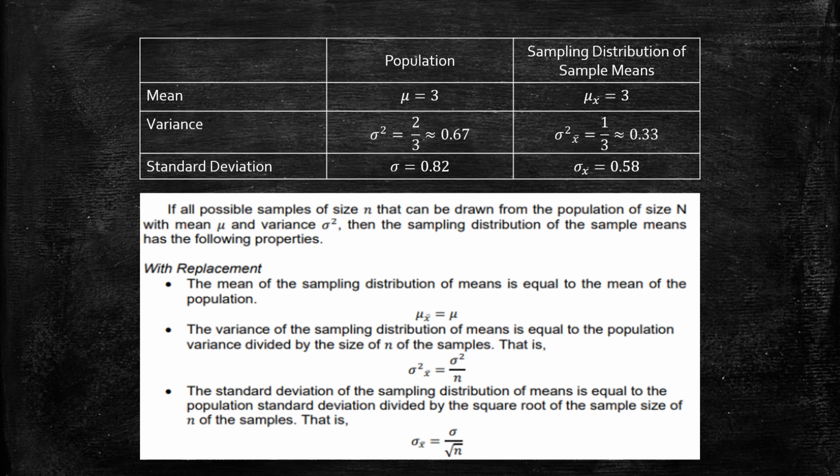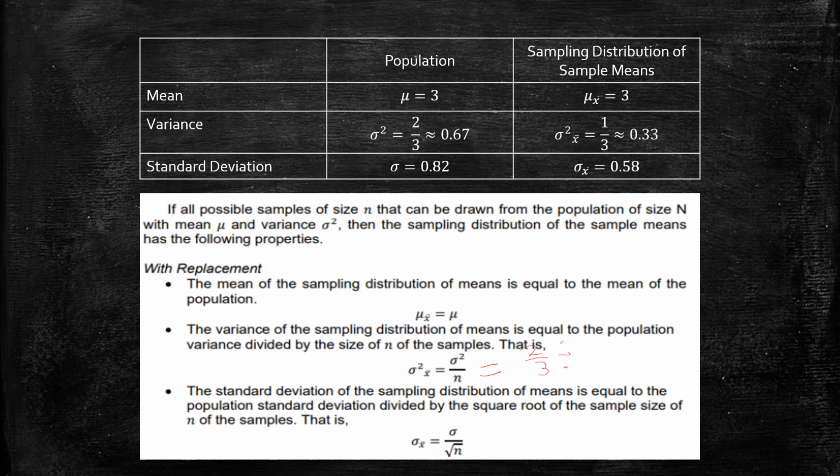The variance of the sampling distribution of means is equal to the population variance divided by the sample size n. That is given by this formula. If you want to check, we can substitute our given values. So that is equal to the population variance, 2/3, divided by the sample size.